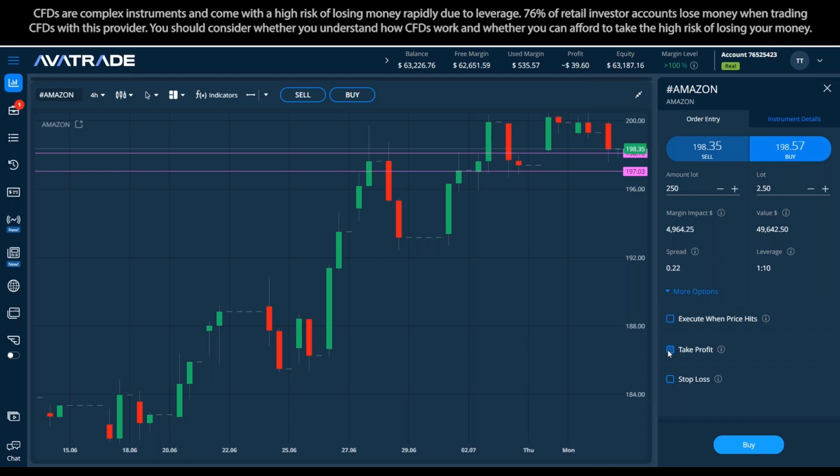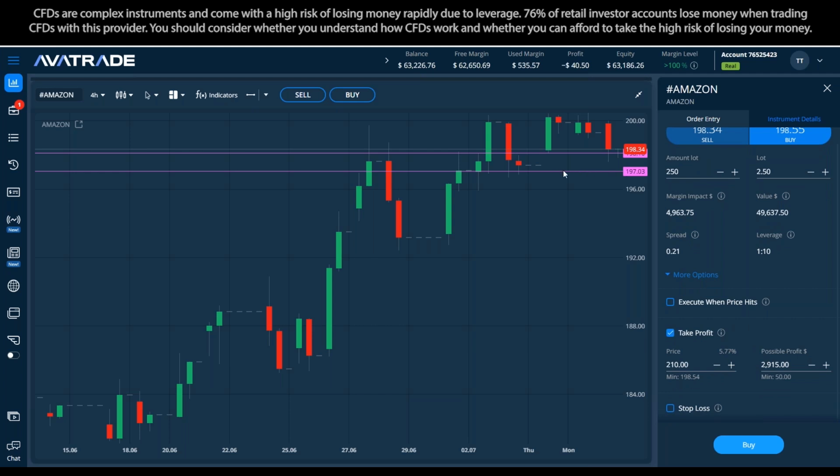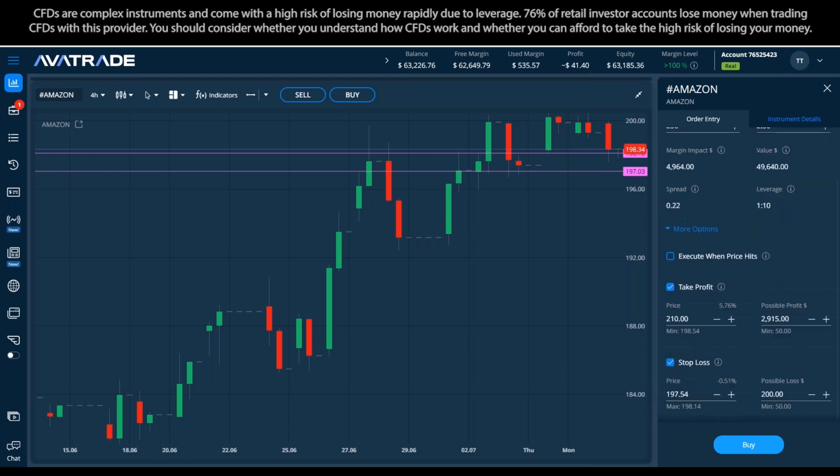So if I start to then use the signal information for my take profit, I'm using the current live price and this support level from the past to get below where I think the support area would be. So maybe 196, 197 for a stop loss. I'll go 197 even. Okay, that's a nice ratio, potential profit to risk.